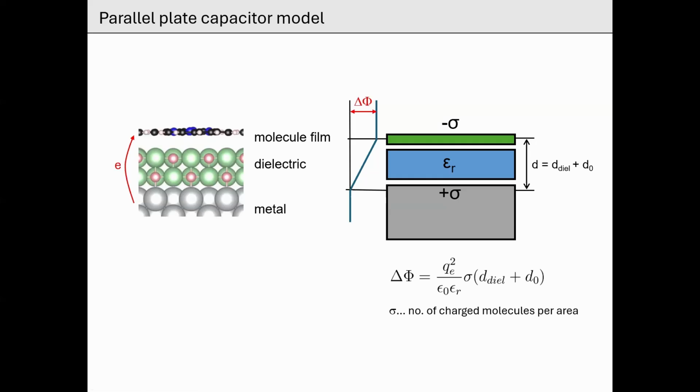And this is nothing else than a potential difference that we form between inner parts of the metal and outer parts, the molecule film. And this potential difference is quite easy to calculate because that's the parallel plate capacitor formula, and it depends on the number of charged molecules per area that we have, for example, here on the outer side.